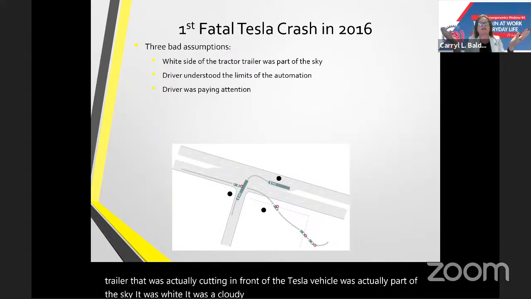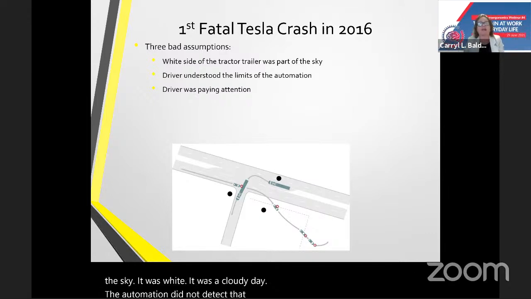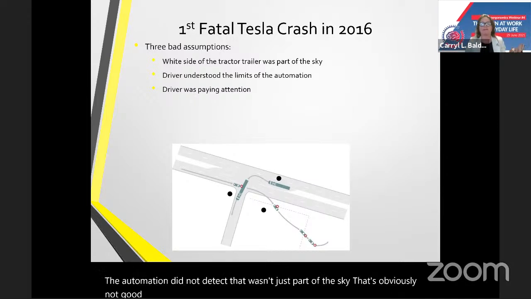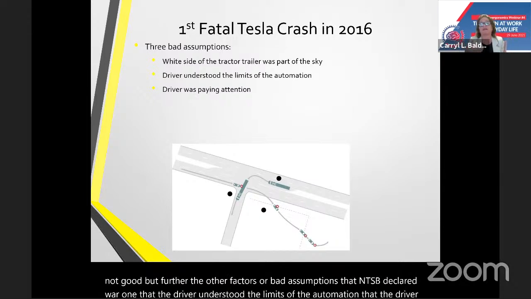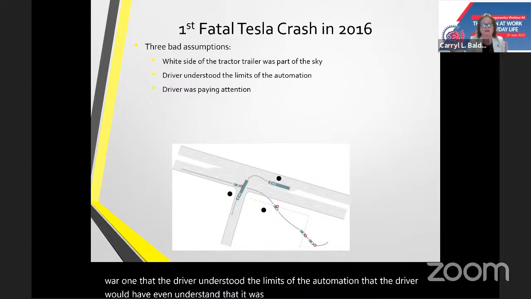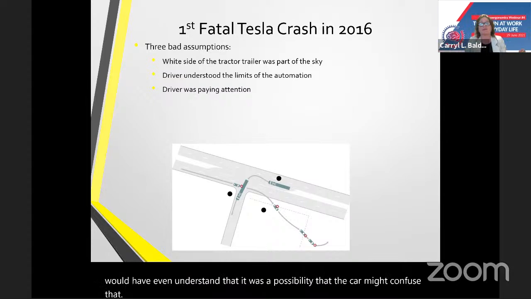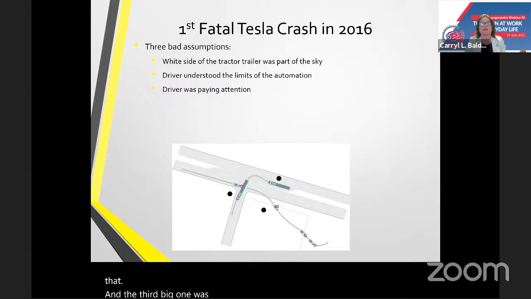The automation did not detect that that wasn't just part of the sky. That's obviously not good, but further, the other bad assumptions that NTSB declared were, one, that the driver understood the limits of the automation, that the driver would even understand that there was a possibility that the car might confuse that. And the third big one was that the driver was paying attention.